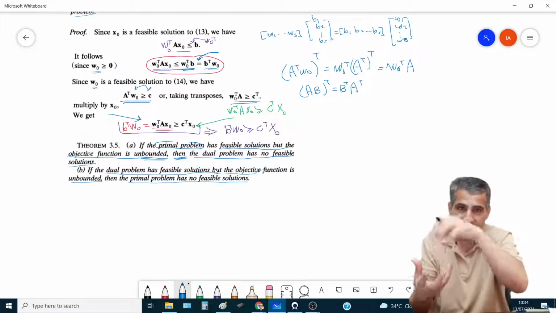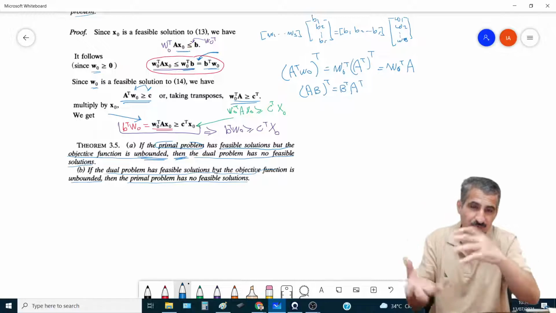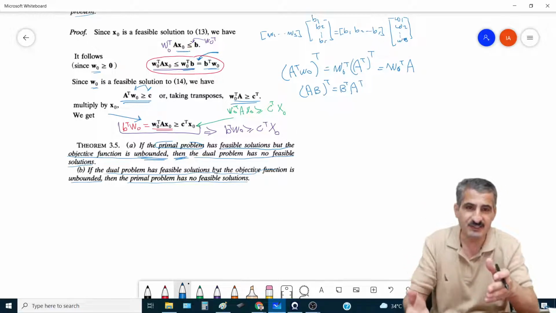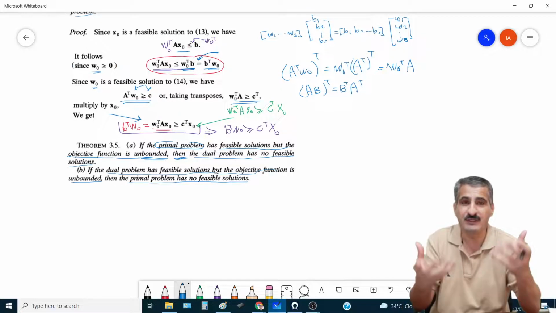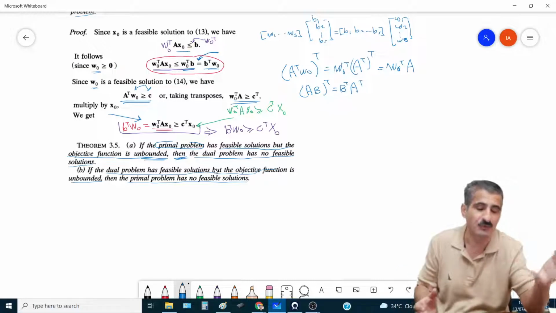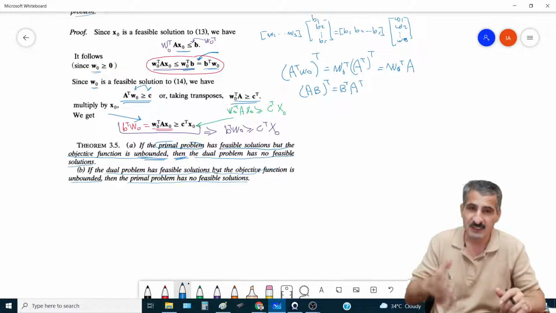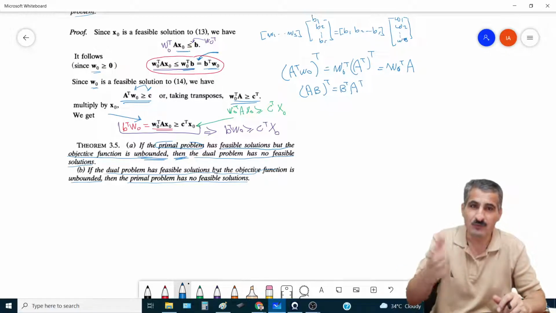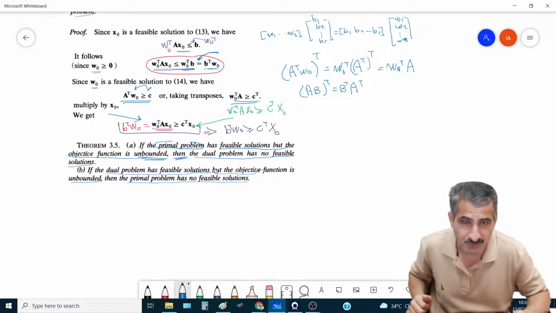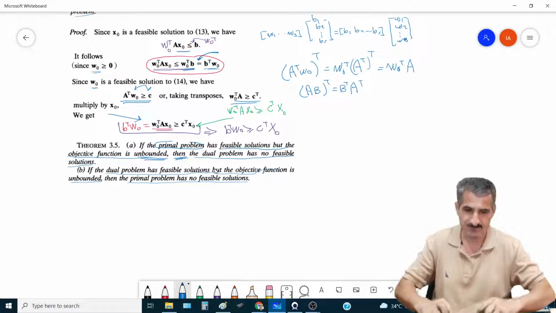Then take the dual, it gives you the primal one. So you can interchange the roles. So we can say in this theorem 3.5, if one of the problems, either the primal or the dual, has a feasible solution for which the objective function is unbounded, then the other one does not have a feasible solution. Clear? Okay.